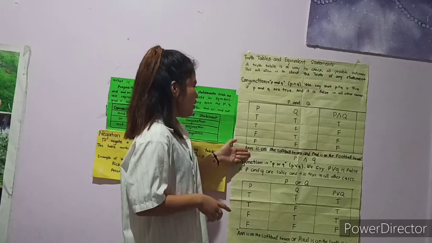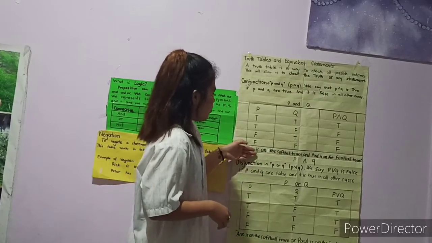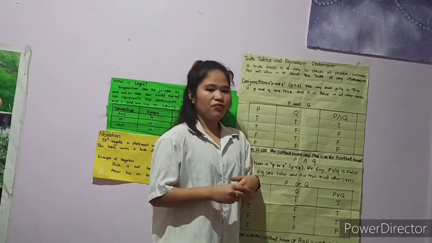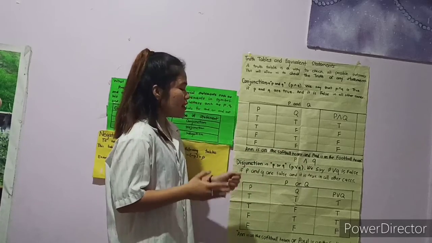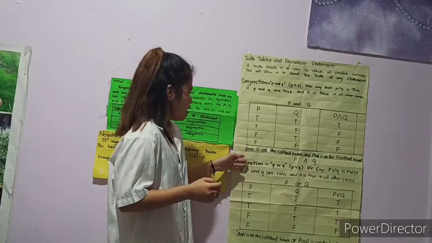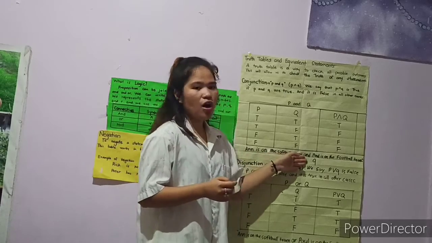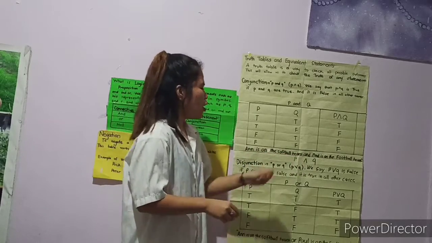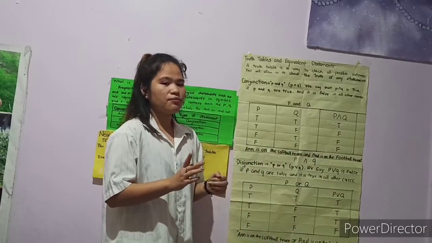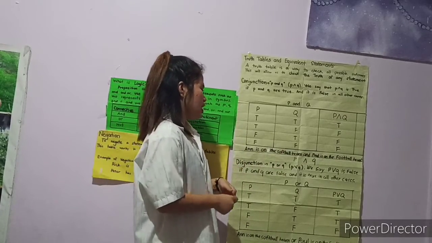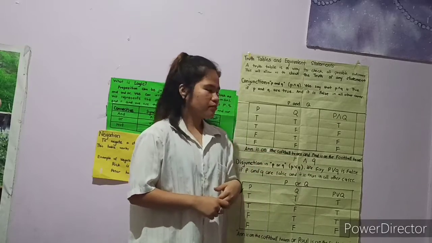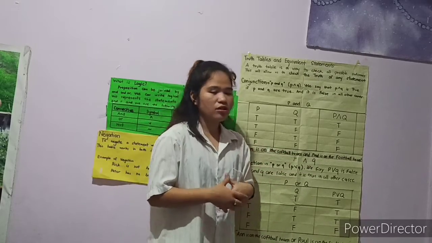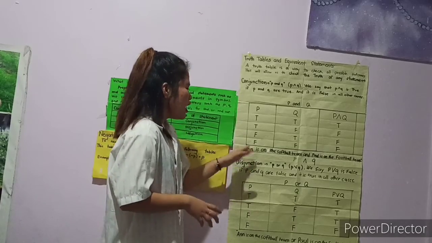We have here some words that amplify the P and Q. It is a sentence showing the differentiation of one statement and the second statement. Anne is on the softball team and Paul is on the football team.